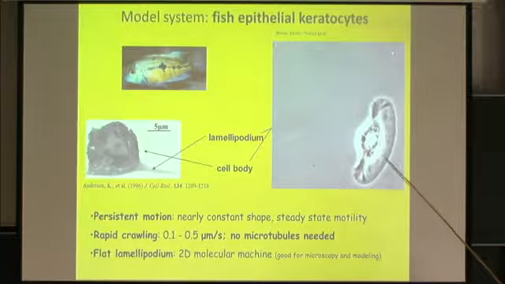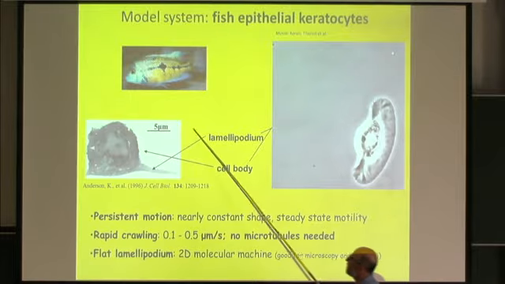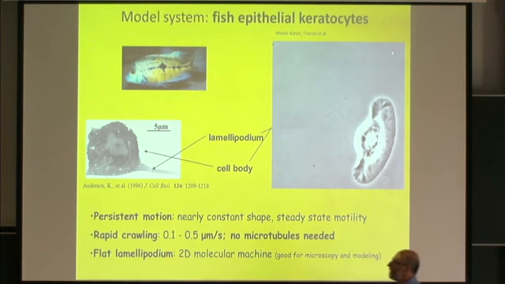What you just saw was the cell moving pretty much straight. In front of it is the lamellipodium, which was discussed much yesterday. This is a relatively flat network of actin. And at the rear is the cell body; you can appreciate the geometry if you look at the side view of the keratocyte.